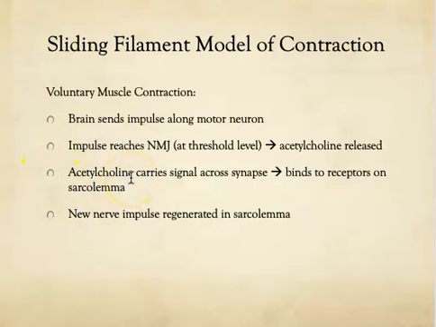The acetylcholine travels across the synaptic cleft and binds to receptors on the postsynaptic membrane, the sarcolemma. Acetylcholine is excitatory, so it regenerates action potentials in the sarcolemma. They spread out passively, but they are directed down into those T-tubules.